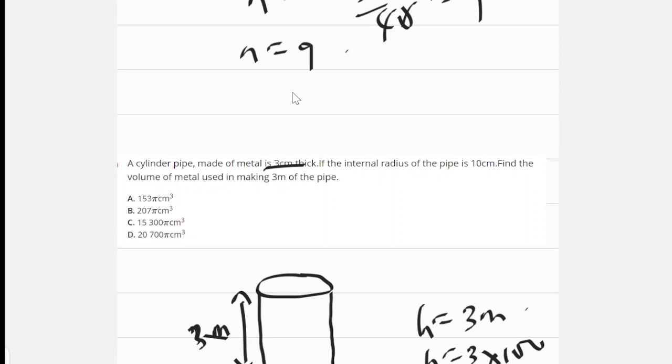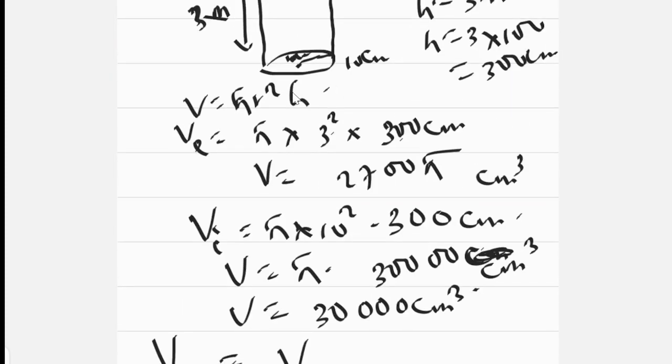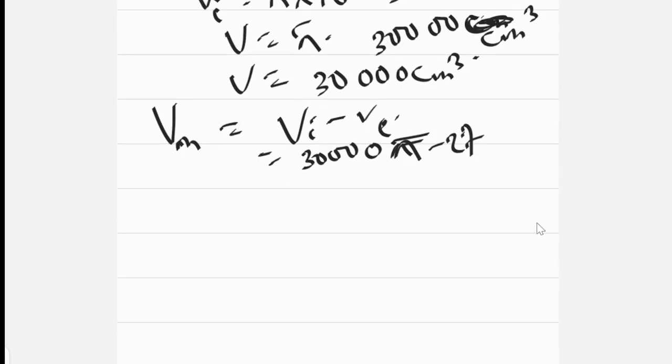If you subtract it, then you have VI minus VE, that will give me what? 30,000 pi minus 2,700 pi.